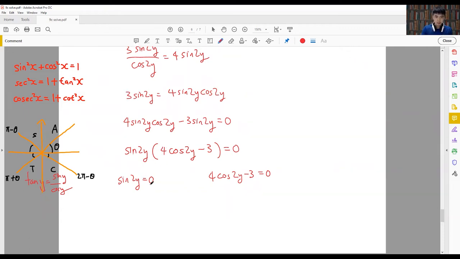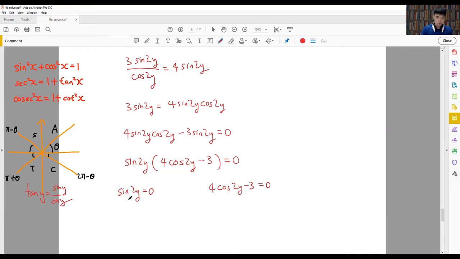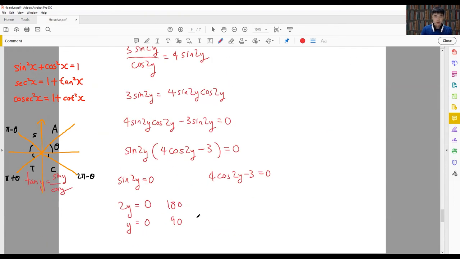Looking at this part here, solving for sin 2y first. So inverse sin is either equal to 0 or 180, right? 2y is either equal to 0 or 180 degrees. Sorry, supposed to do this in pi form.